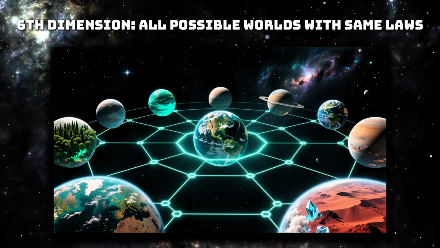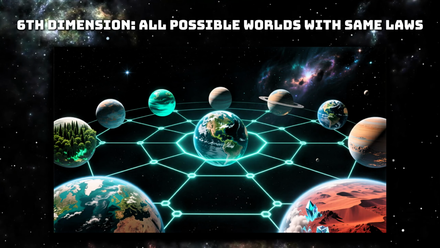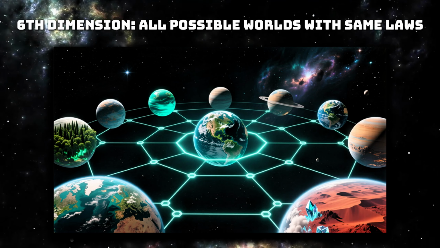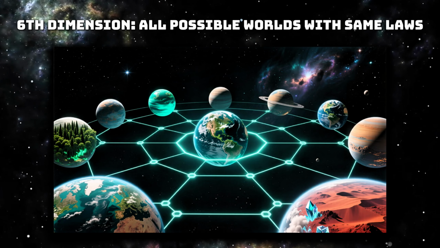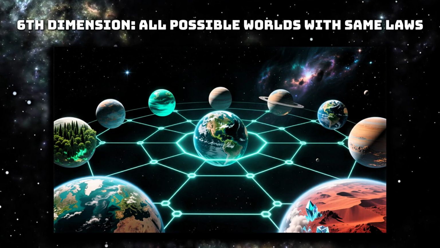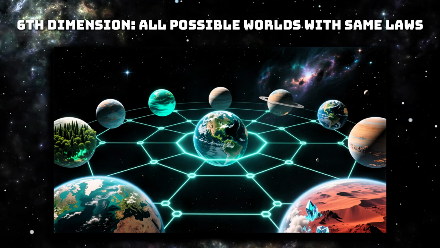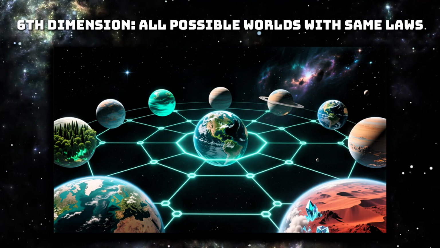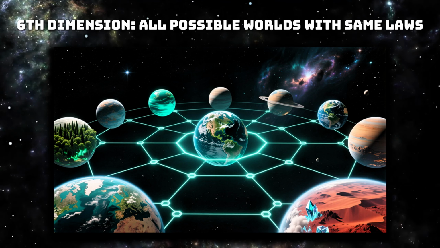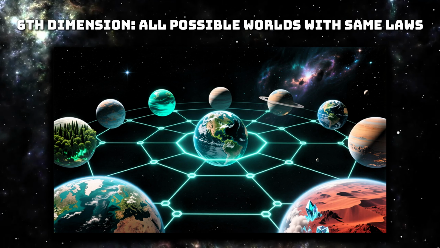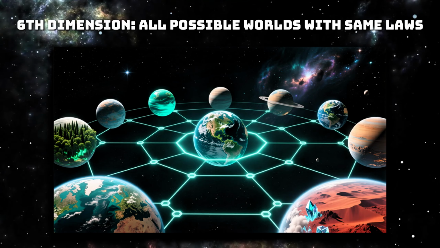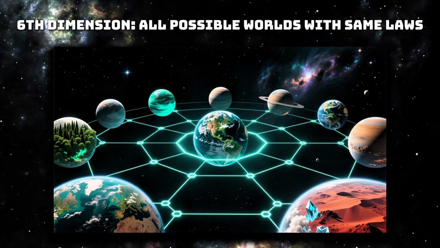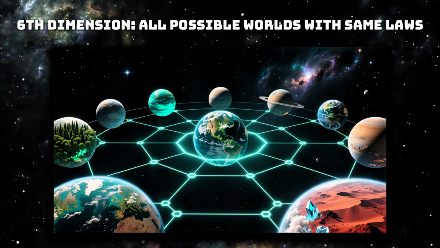Different arrangements of galaxies and stars. On a cosmic scale, 6D includes universes where the structure of the cosmos itself is different. Galaxies may form in different shapes or locations. Some universes might have more stars, others might have fewer. Black holes might be more common in some versions or rare in others. Dark matter might clump differently, creating new galactic patterns.